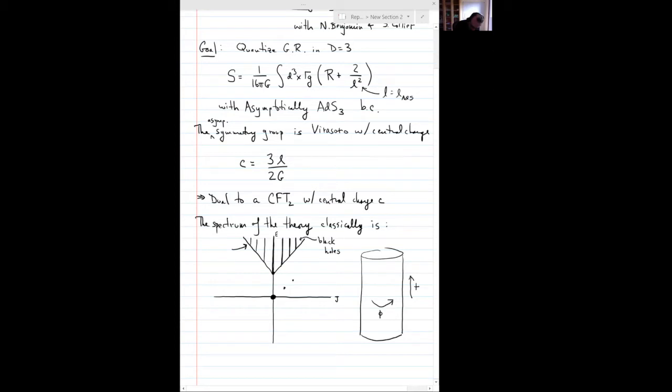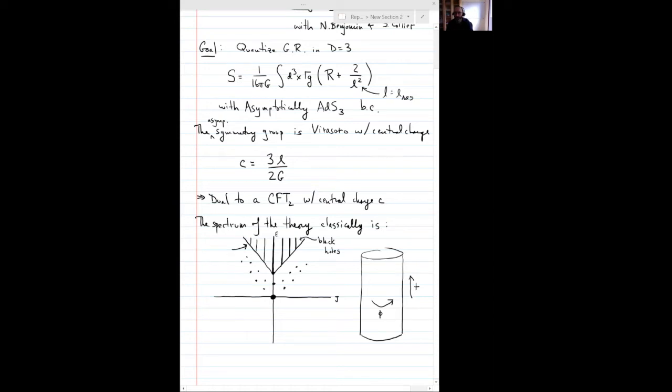They are all given in the CFT language by Virasoro generators acting on the vacuum, or in the gravitational language, they're given by the action of diffeomorphisms that don't vanish at the boundary of the space-time acting on empty AdS.